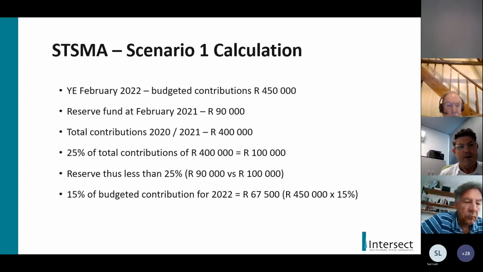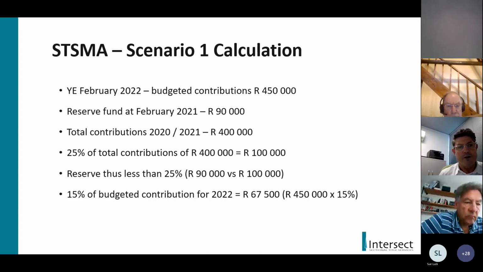You'll see the reserve fund at February 2021 was 90. 25% of 400 is 100,000. So you can see that the 90 is less than 100, which means that the reserve fund is therefore less than 25% of your budget contributions. Therefore, 15% of your budget contribution for your next financial year, which is 2022, that's right at the top, is 450,000, equals 67,500 Rand.